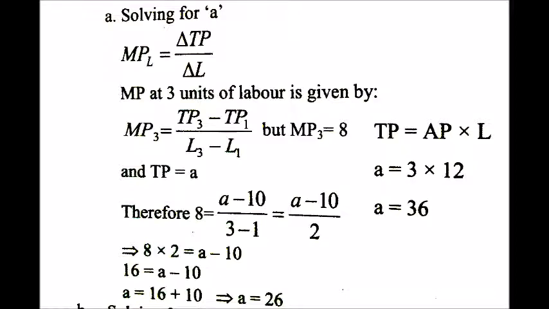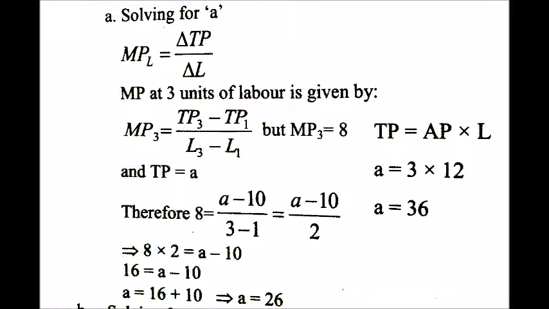So for total product, A is 26. If you use average product times labor, you get 36, which is wrong, because A is supposed to be 26. That's why we use the marginal product formula.